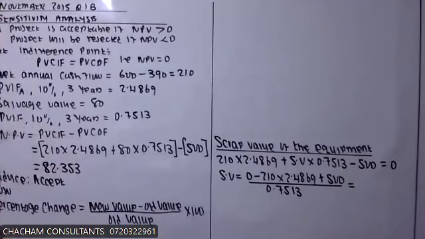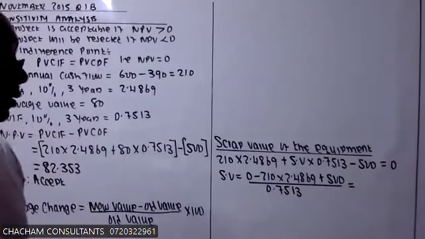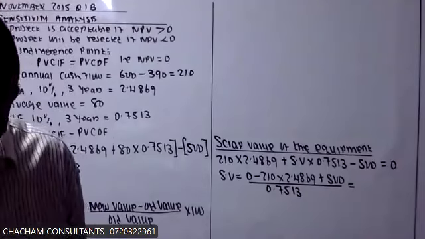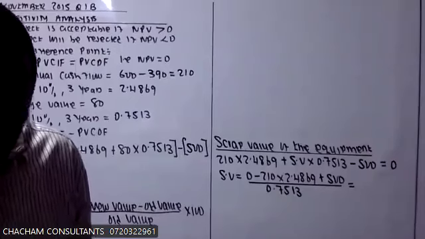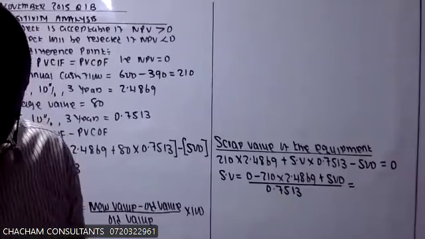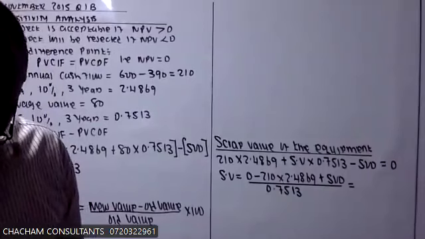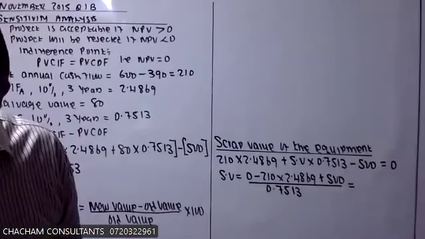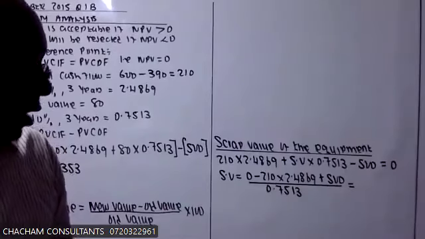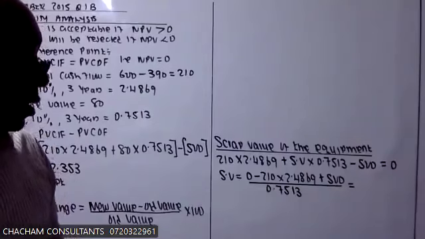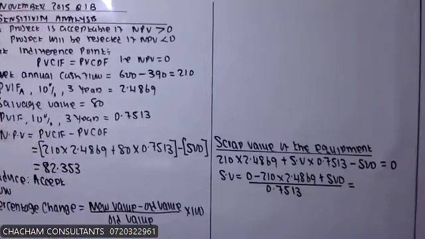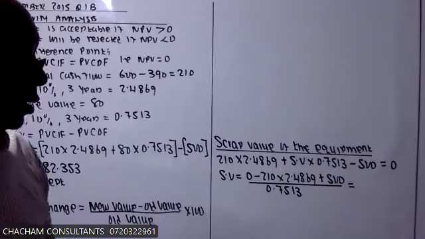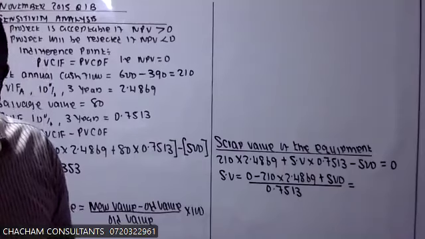Aha, you're getting negative. That is negative 210 times 2.4869 plus 500. You divide by 0.7513.